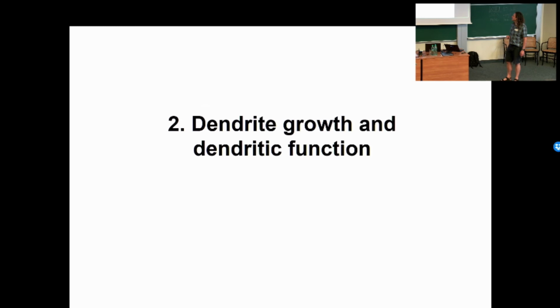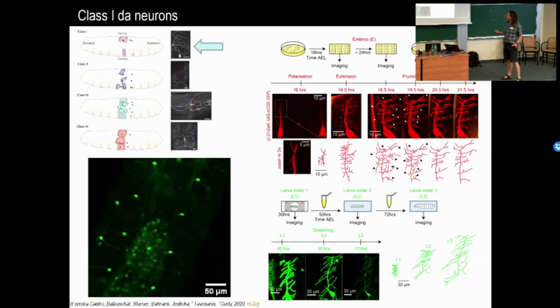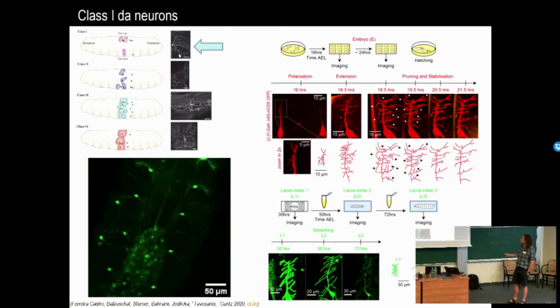And so then we went on, and I will have to go relatively quickly over this, but you may also ask me afterwards. So now we have these class 1 dendrites, and they have this comb-like structure.